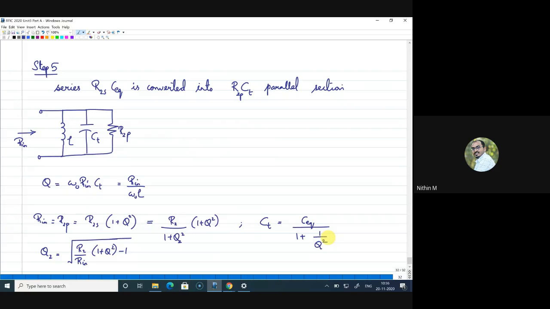All right. Since we have written all these things, now we can directly write the transformation ratio, or the relation between Rin and RL. So how will I do that? Now I know that Rin divided by R2 is equal to 1 plus Q square divided by 1 plus Q2 square. Okay, let me take this to the next page.